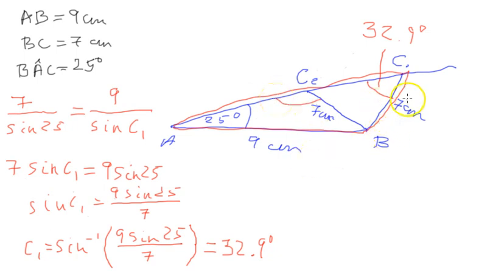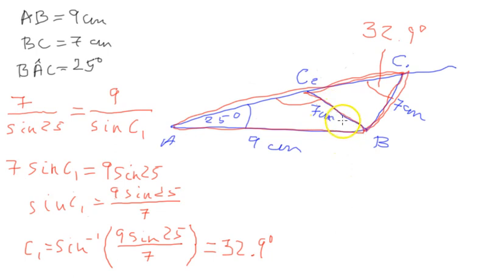How can we find the other possible angle, C2, here? That's the question. Well, I see that the triangle C1, C2, B, so this triangle here, is an isosceles triangle because it has 7 centimeters and 7 centimeters.